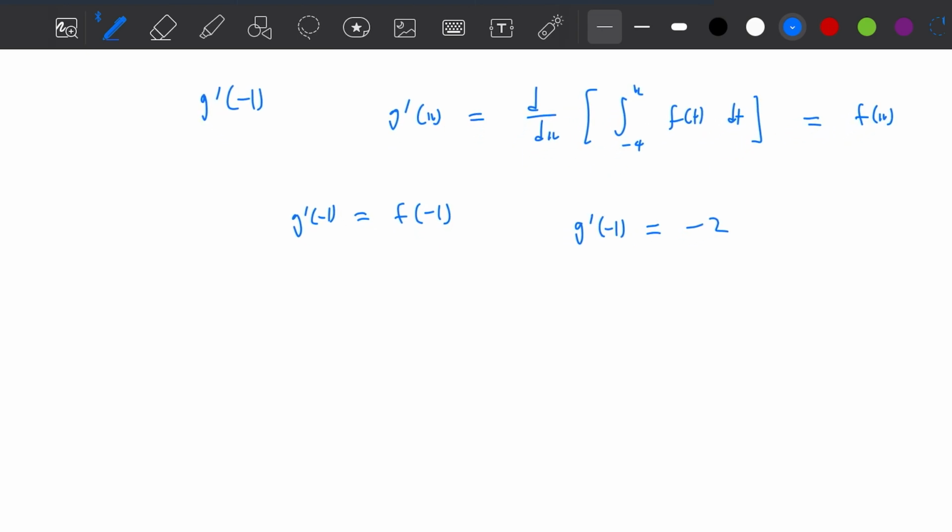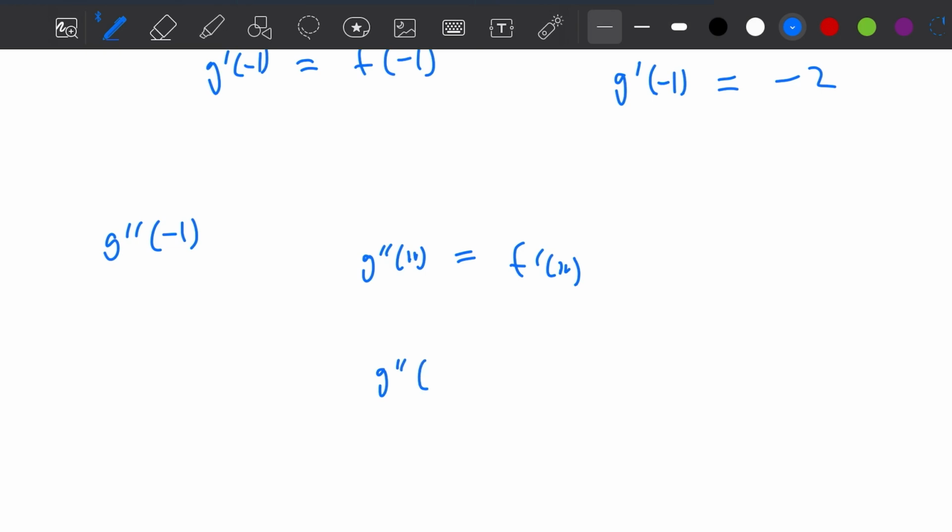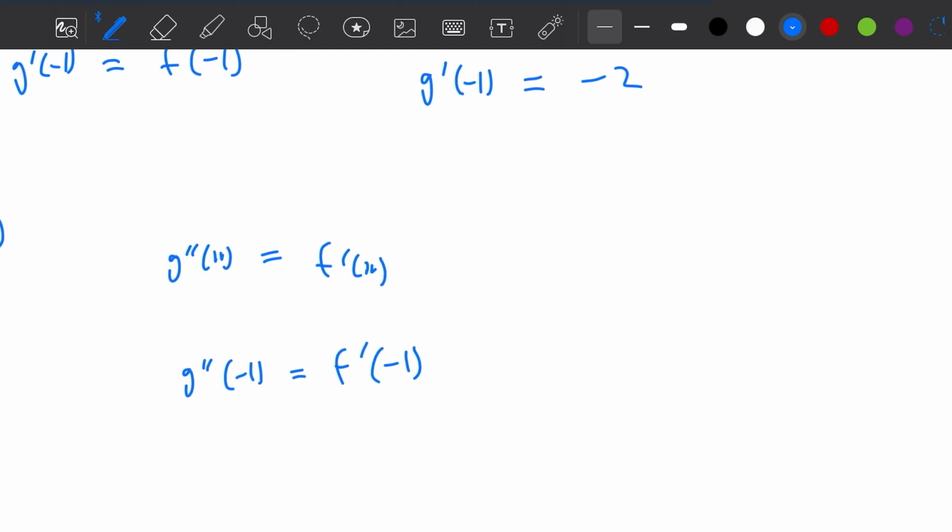And to find g''(-1), this is the derivative of g'(x), which is f'(x). So g''(x) would equal f'(x), which means g''(-1) equals f'(-1). This f'(-1) represents the slope of the graph of f at x equals -1.